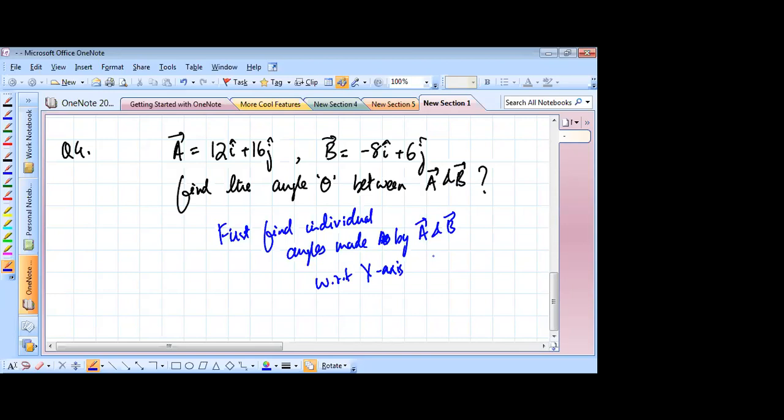Okay, you can even draw the vectors in the xy plane, and then calculate the theta which has been asked. So just try this out. First, draw the individual vectors A and B.